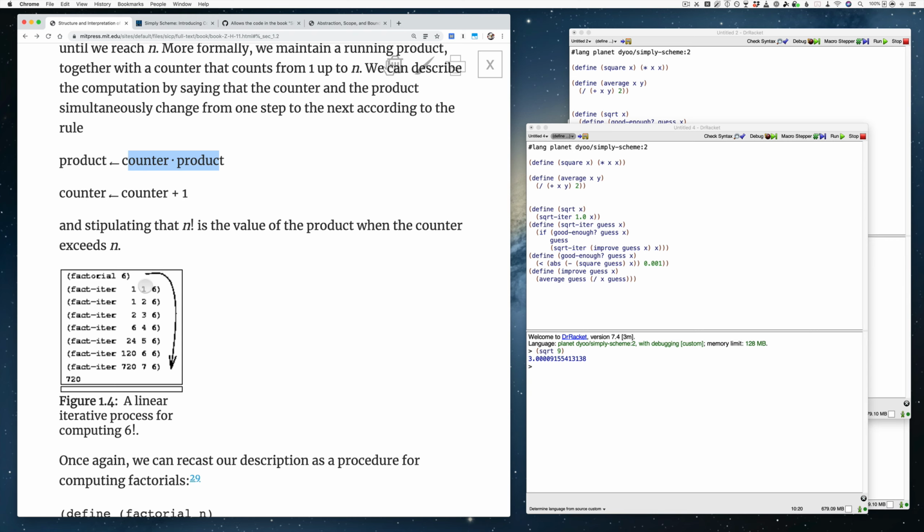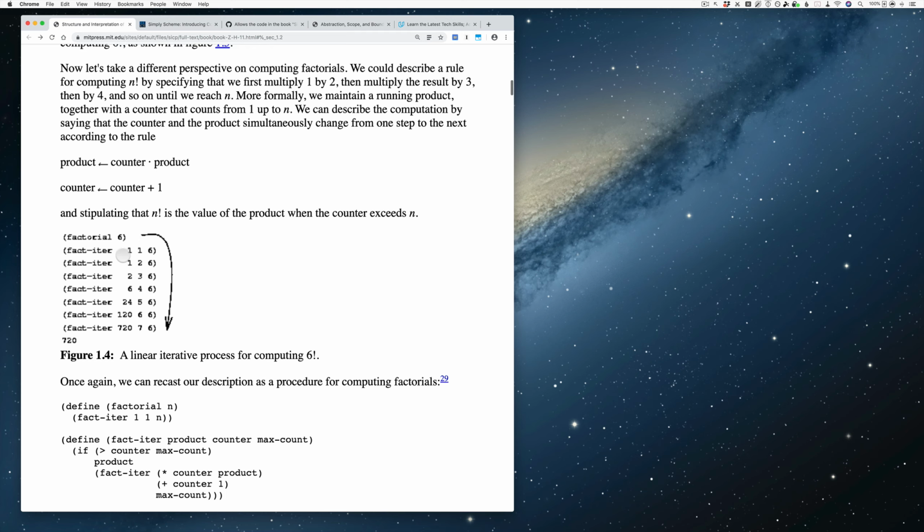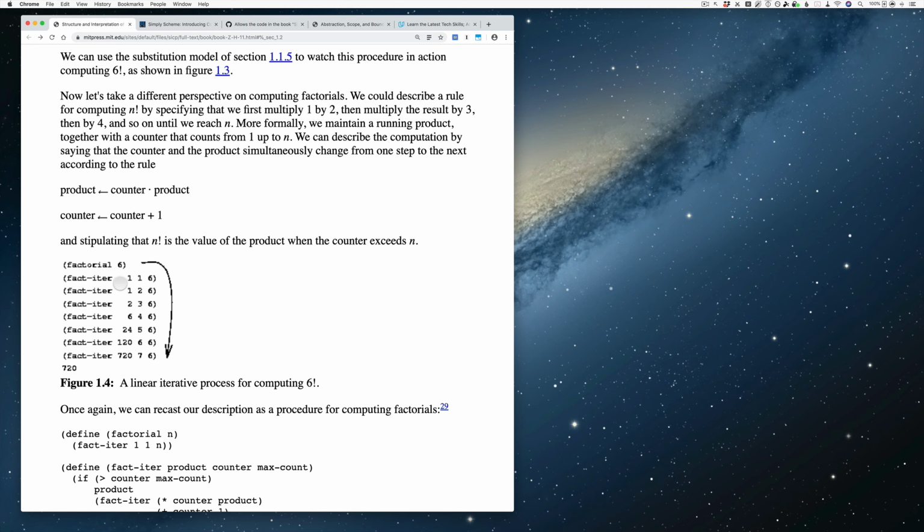I have some drawing software that I installed. Let me figure that out. Right, so this is product on the left, this is counter on the right.